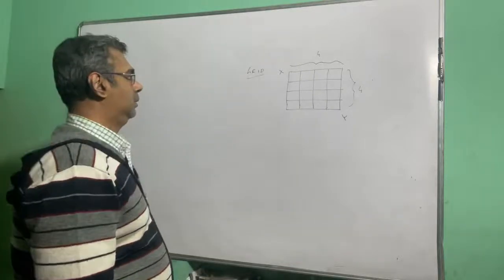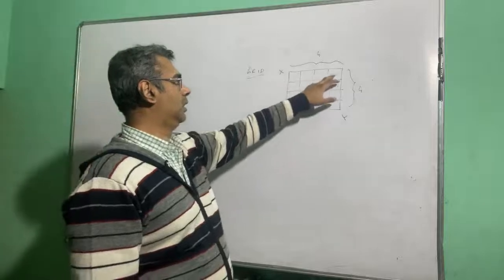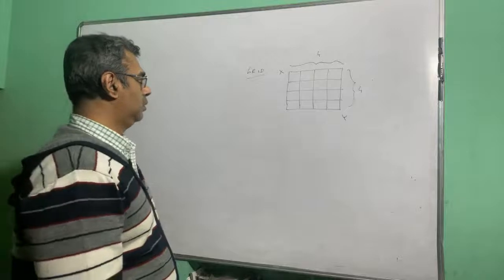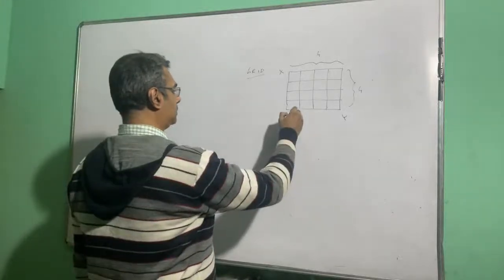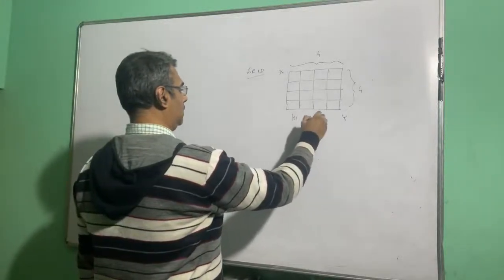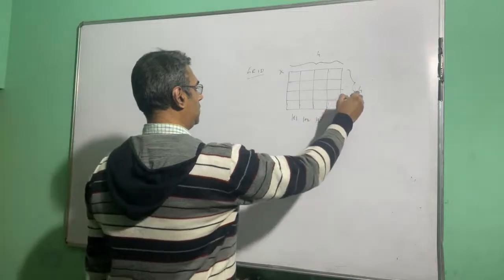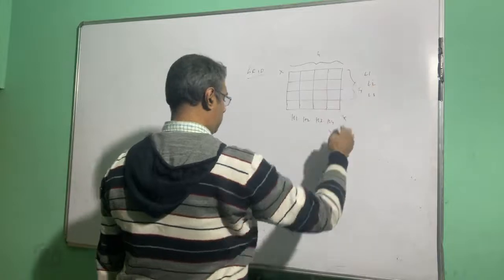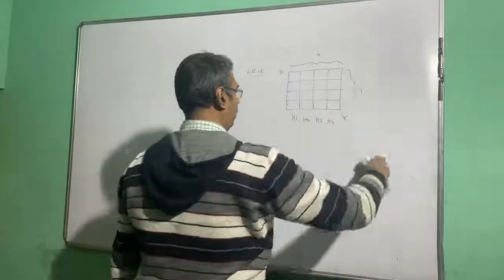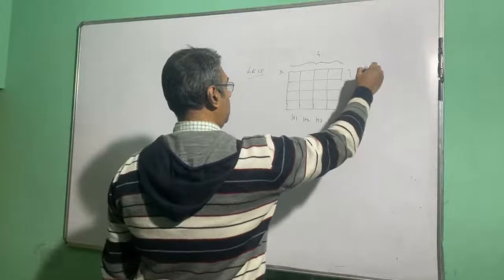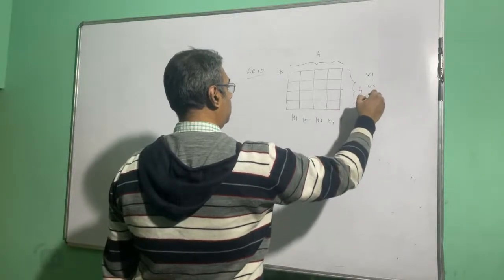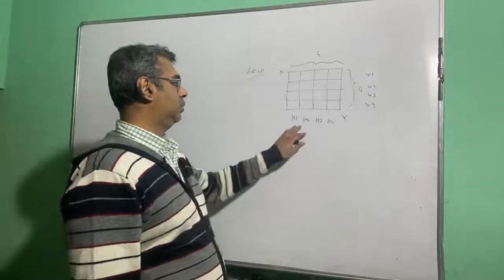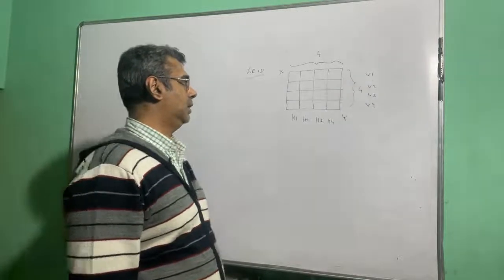So in this there are 4 horizontal steps and 4 vertical steps. If you call the horizontal steps H1, H2, H3, H4, and the vertical steps V1, V2, V3, V4, then you have to take 4 horizontal steps and 4 vertical steps.